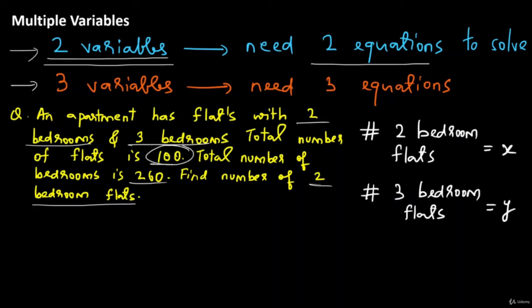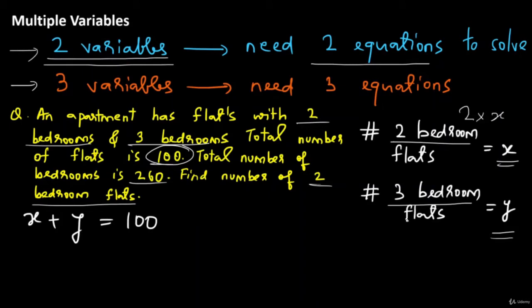So that means x plus y is equal to 100, right? Alright, now x flats have 2 bedrooms. So what's the total number of bedrooms from these x flats? That would be 2 into x, right? And y flats have 3 bedrooms each. So the total number of bedrooms among these y flats would be 3 into y.